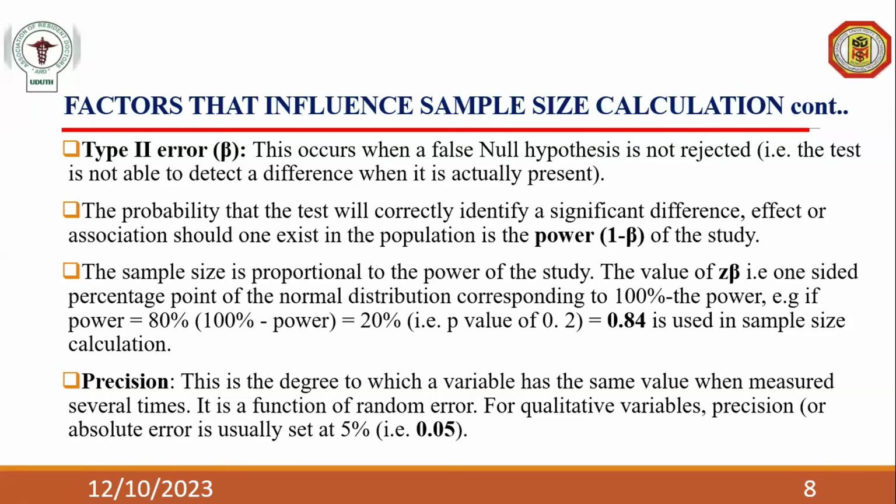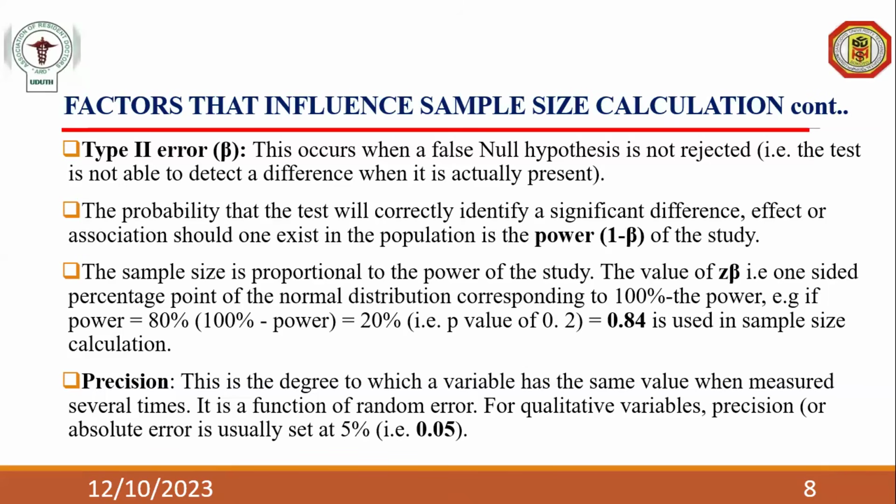If the study is able to measure the association, if that association exists in that population, then your study is said to have very good power. It has the power to measure whatever the difference that is there, whether the difference is very small or very large. So that is what we call the power of the study.